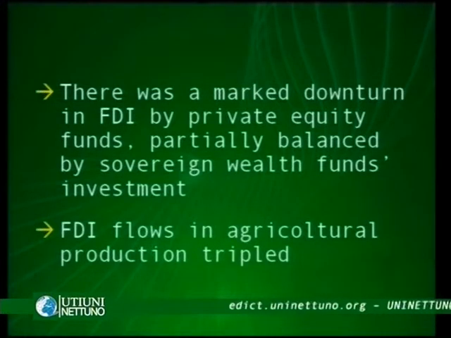It's interesting to say that foreign direct investment flows in agricultural production tripled to about $3 billion annually between 1990 and 2007. This trend has been driven by growing demand for food in emerging markets, land and water shortage, and growing demand for biofuel production.